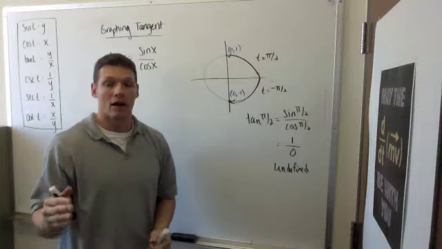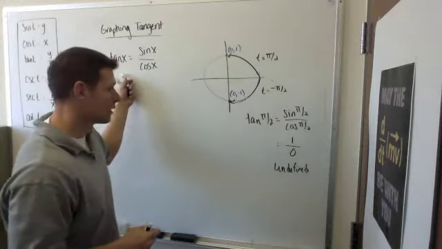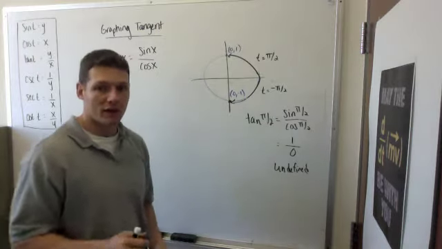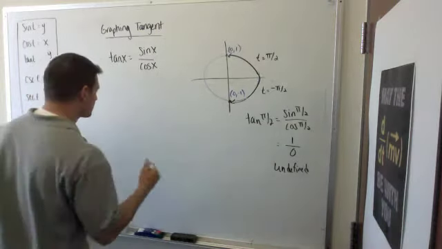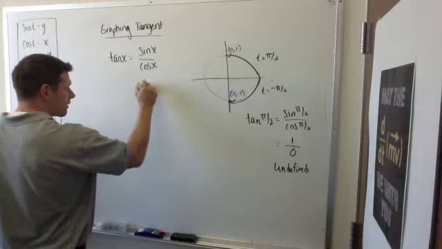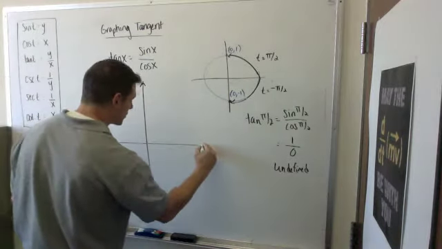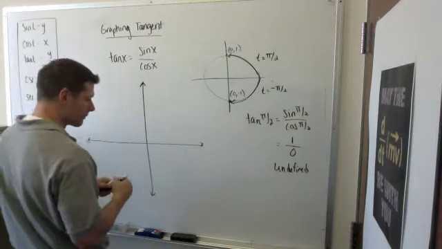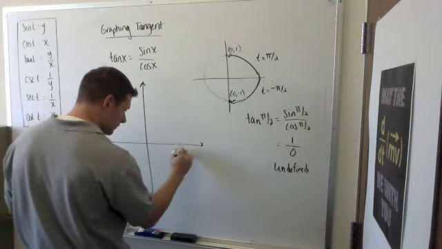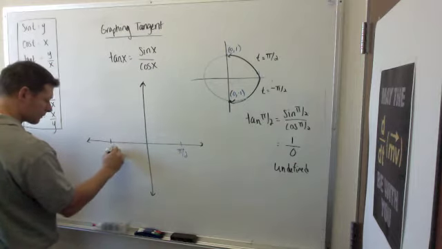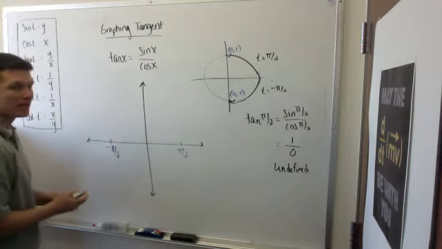So our function tangent is not defined at pi over 2 or negative pi over 2. Now what does that do to us? Well, that creates what we call vertical asymptotes at those two values. So here's pi over 2, and here's negative pi over 2.